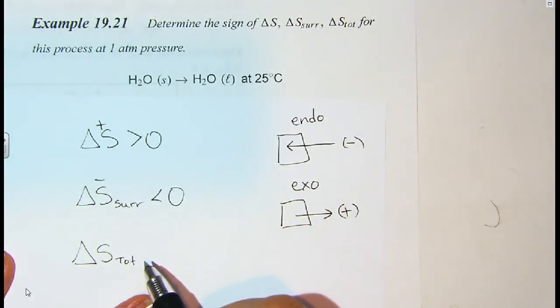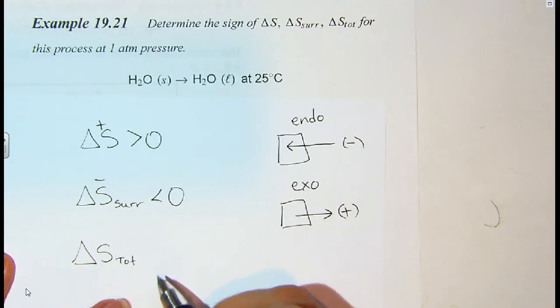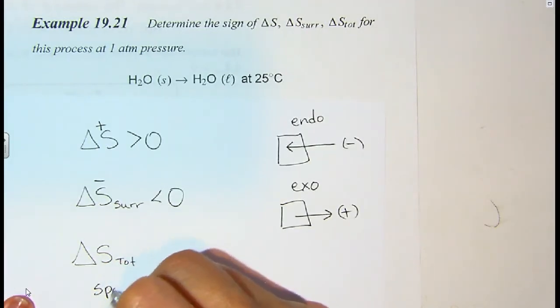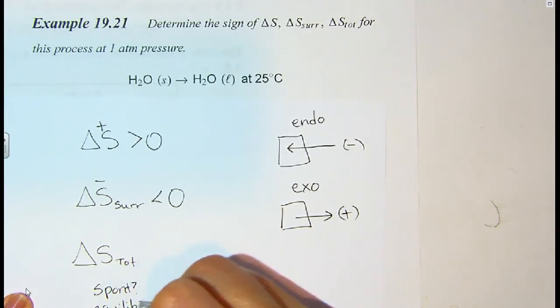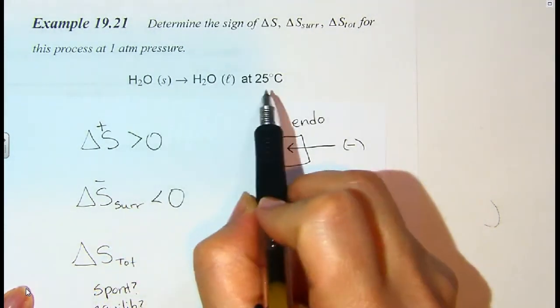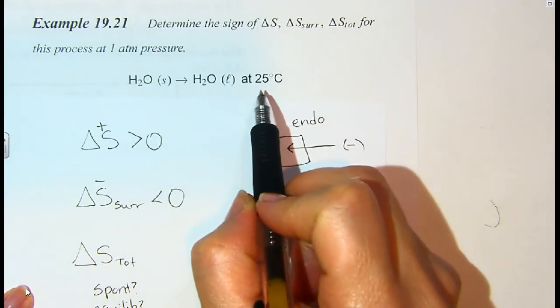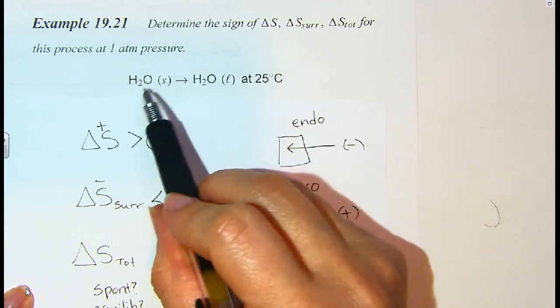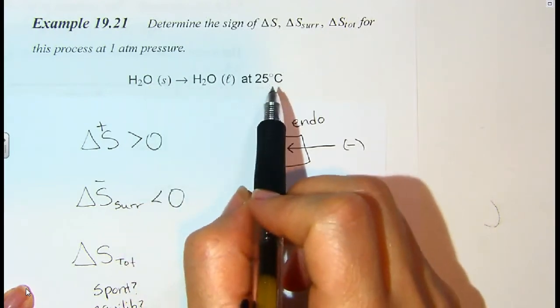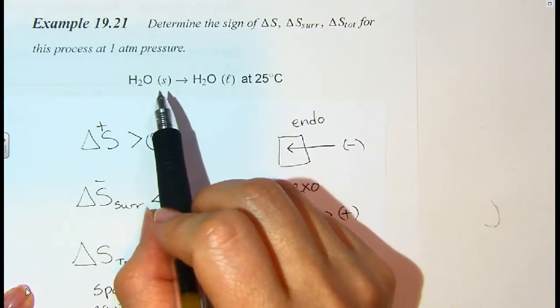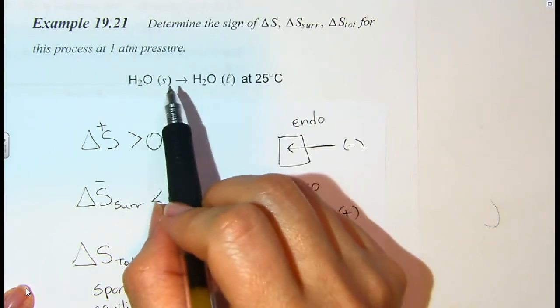All right, what about the delta S total? Well, the question is, which direction? Is it spontaneous or is it at equilibrium? So let's take a look. We're told the temperature is 25 degrees Celsius. So it's not going through a phase change, because if it were freezing or melting, the temperature would have to be 0 degrees Celsius, which is the normal freezing point or melting point for water.